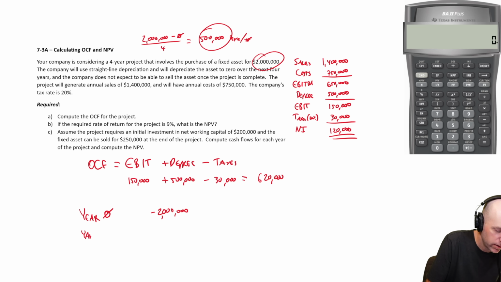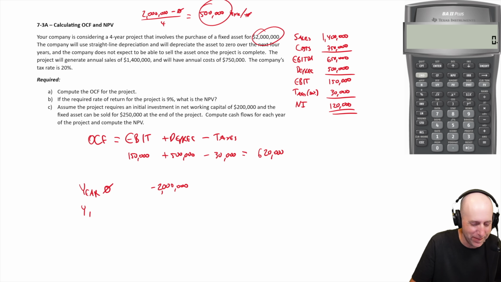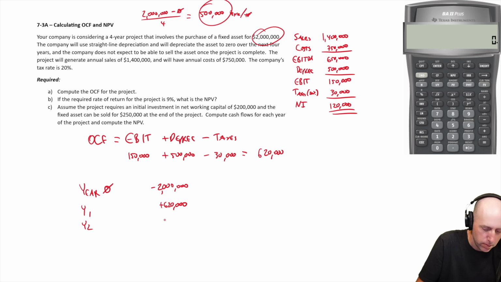Year one, Y1, what's my cash flow in year one? It's plus 620. Year two, plus 620, because this is my annual cash flow from this thing. Year three, plus 620. Year four, plus 620.